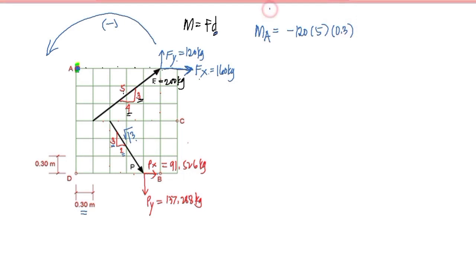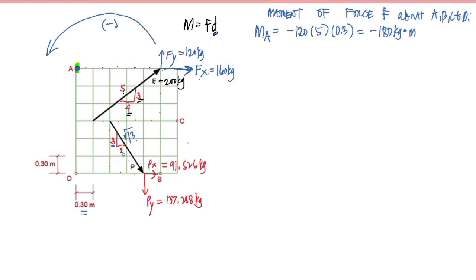So dito, ang kinukompute natin ay moment of force F about points A, B, C, and D. Okay, so yung moment at A is equal to 120 times 5 times 0.3, that is equal to negative 180 kilogram meter.